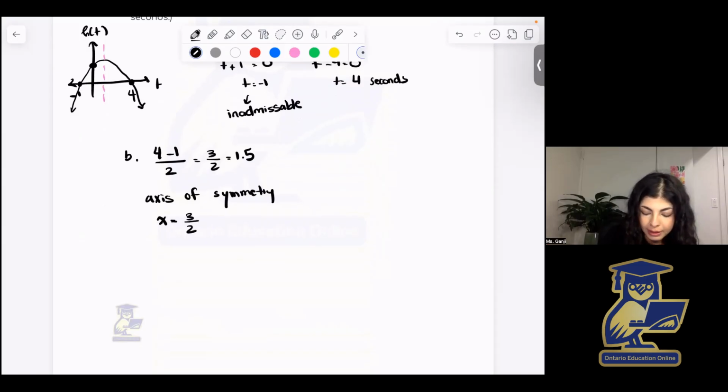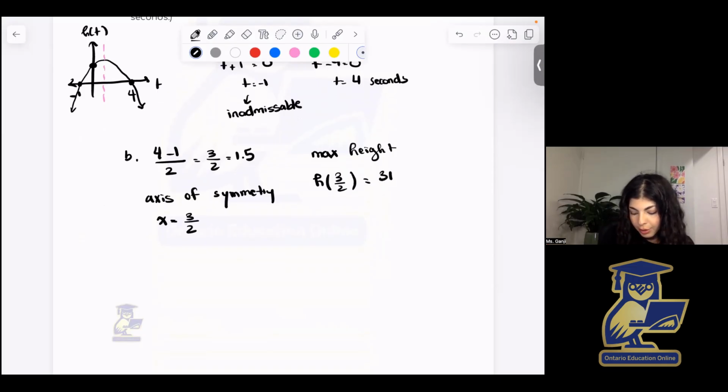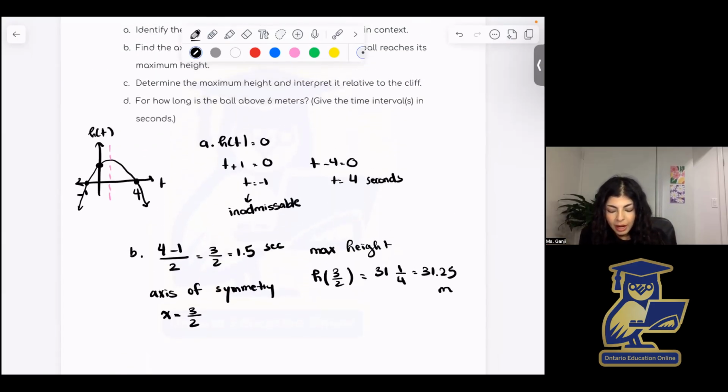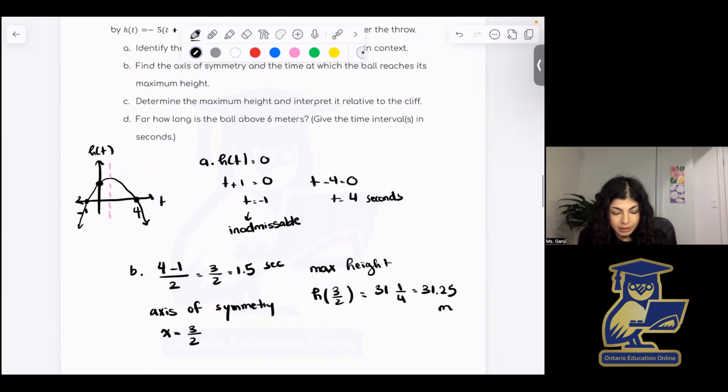And then for the max height, we are essentially calculating h of 3 over 2. And if you try, you should get 31 and 1/4, or 31.25 meters. And this one was seconds here. So at time 1.5 seconds, the ball reaches the maximum height of 31.25 meters.